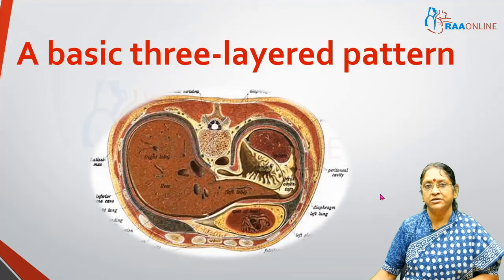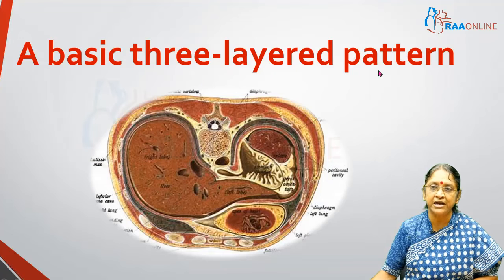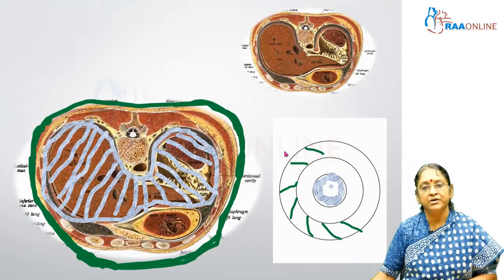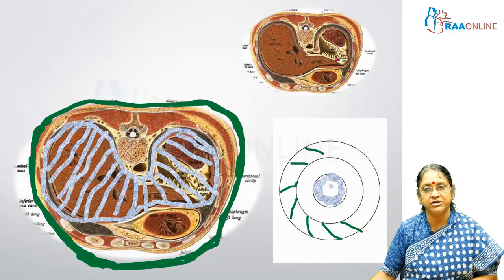Now, we're not interested in the inner details, but there is some kind of a basic three-layered pattern when we study this cross-section. I've given the smaller sized illustration of the same here and superimposition of the three layers. Now what you find is the green layer.